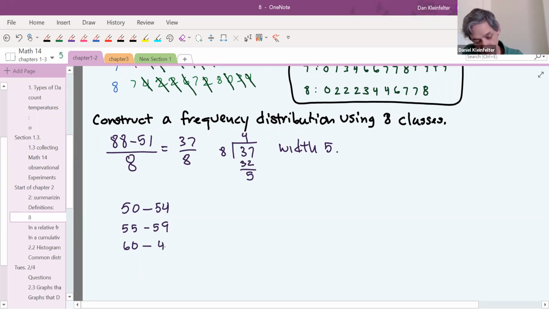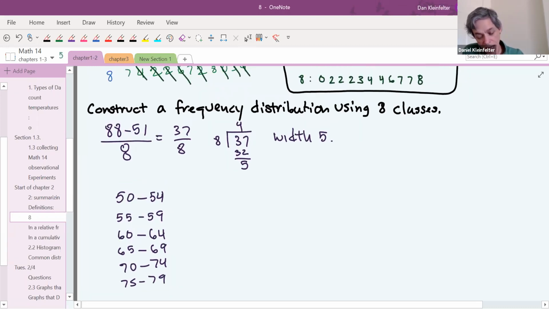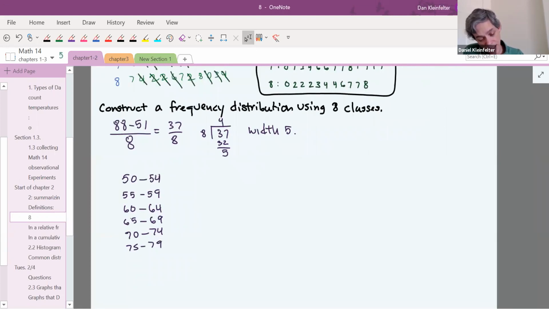So 60 to 64. And then we'll have 65 to 69, and then 70 to 74. And then 75 to 79. And then we needed to have 8 classes. So far I've got 6. So let me keep going. So that will be 80 to 84, 85 to 89.